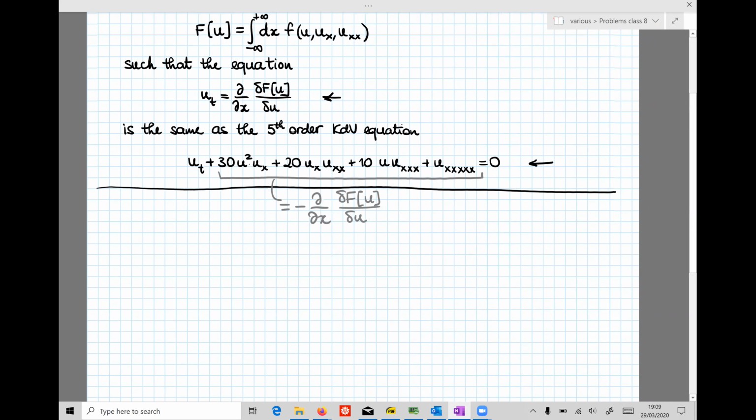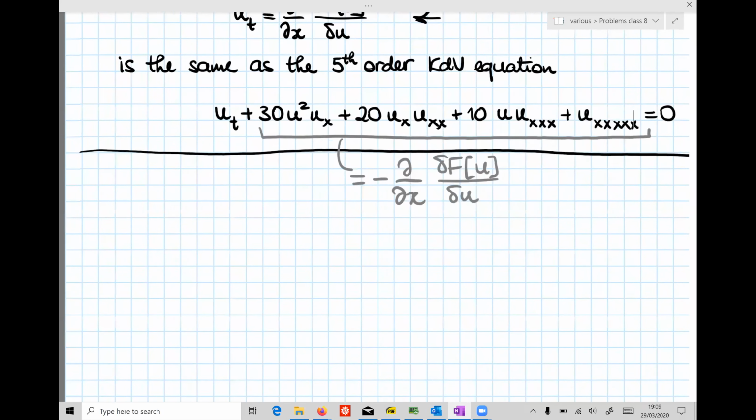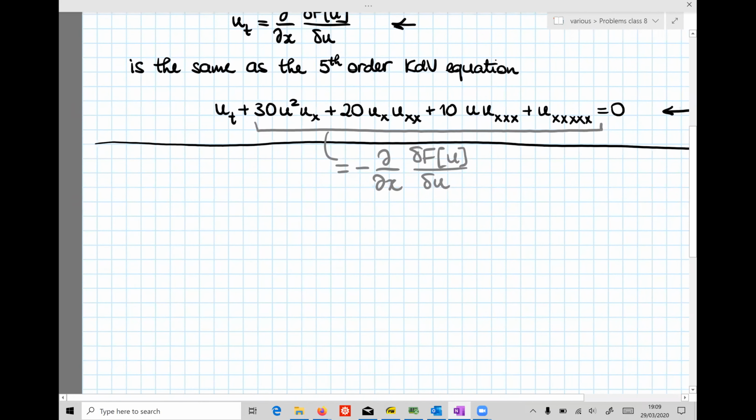So 30u squared u_x is a total x derivative. 20 u_x u_xx is also a total x derivative. u_xxxxx is a total x derivative, but 10u u_xxx at first sight is not, and even at second sight it's just not a total x derivative. But we can rewrite it as a total x derivative if we do the tricks that we do when we integrate by parts.